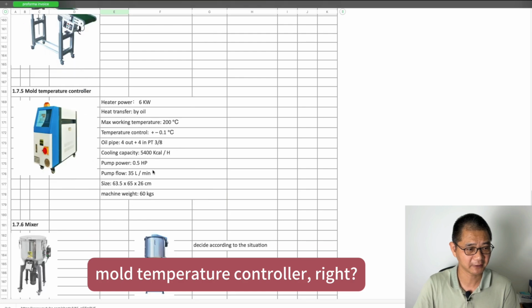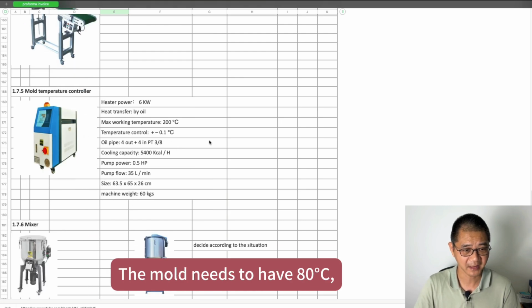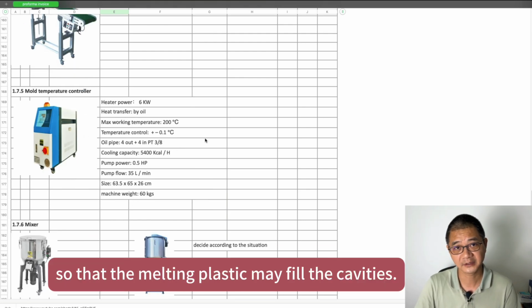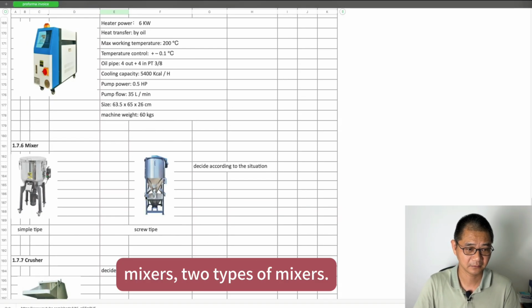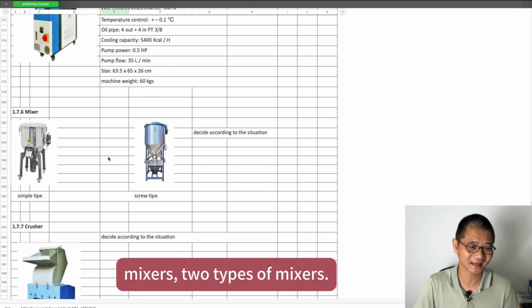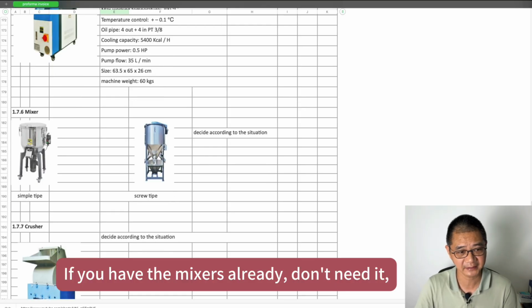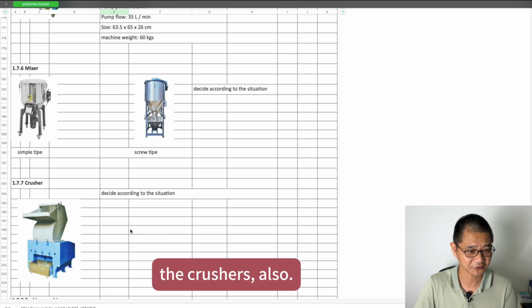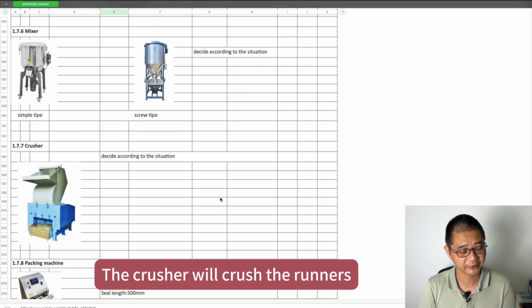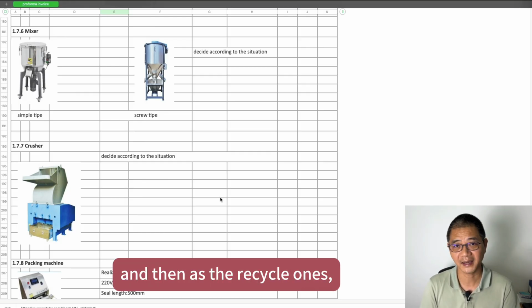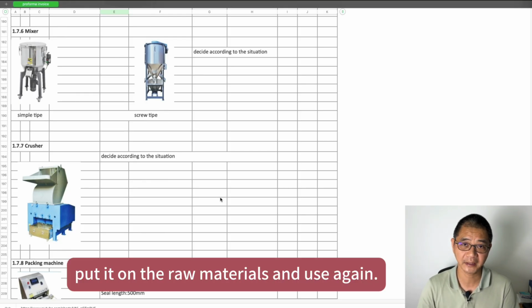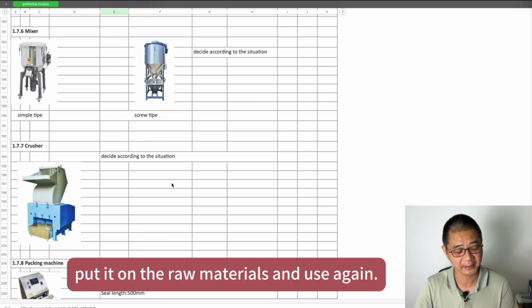Mold temperature controller, right? The molds need to be at 80 degrees so that the molten plastic may fill the cavities. Mixers, two types of mixer. If you have a mixer already, you can skip it. The crushers also. The crusher will crush the runners and the unqualified cable ties, and then as recycled material, put it into the raw material and use it again.